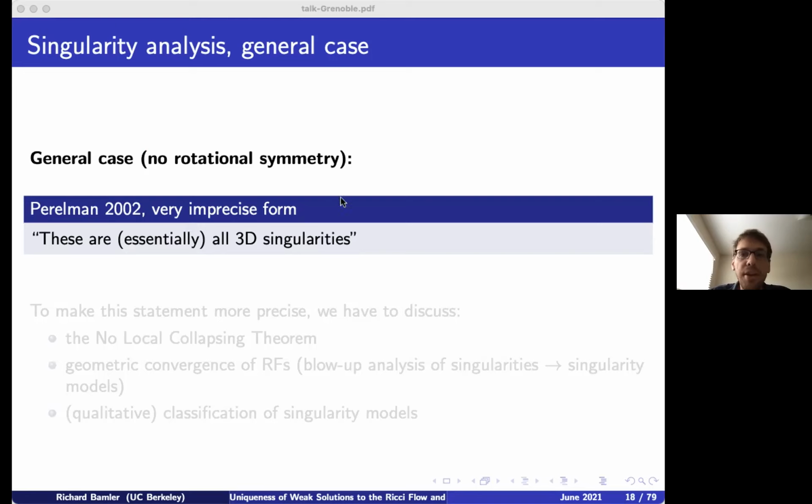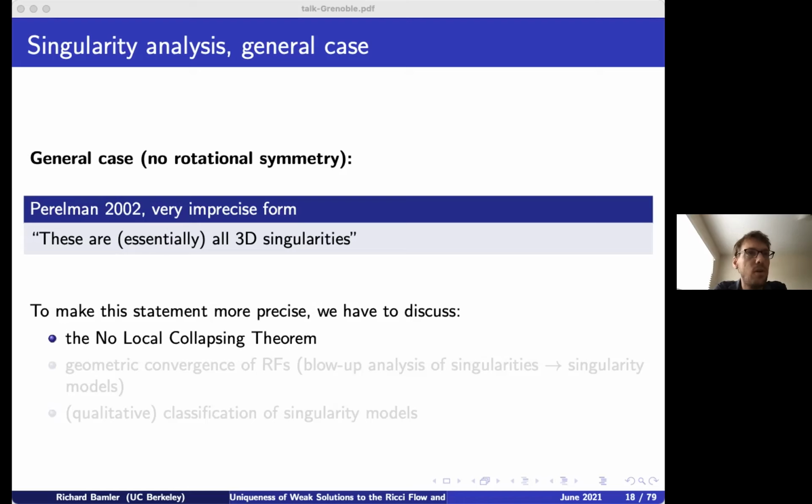And so what I want to do in the next few slides is somehow make this statement more precise. Right? I want to really tell you what this statement means. And in order to do this, we'll have to discuss a few topics. So first of all, we'll have to discuss the no local collapsing theorem, which is maybe one of the groundbreaking results by Perelman, on which most of these results are based.